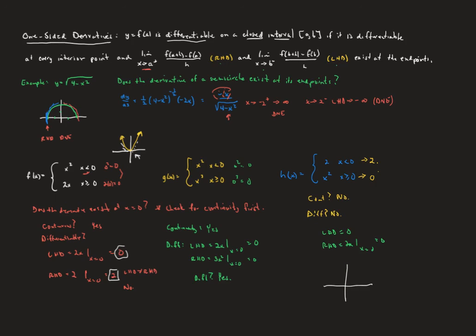So what's happening here in terms of a graph is to the left of 0, this thing is always the horizontal line 2. And on the right, we're going to get this parabola that looks like half of a parabola. So their tangent lines, as you come in here, are both going to be 0, but because they don't connect, they are not differentiable. Okay, very good.